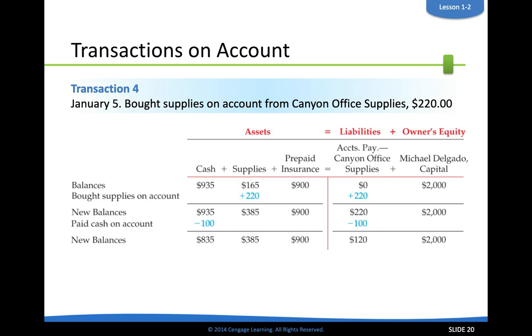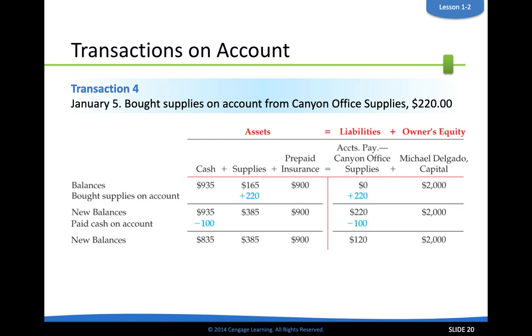Another transaction here is when Delgado Web Services buys supplies on account from Canyon Office Supplies for $220. What that means is that Delgado Web Services is allowed to buy something on credit, meaning they're going to get office supplies without having to pay the $220 in full right away.